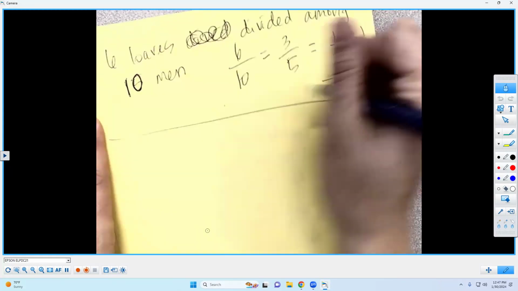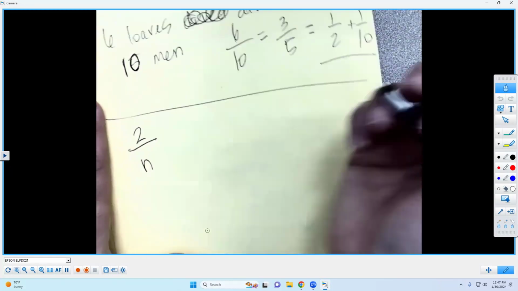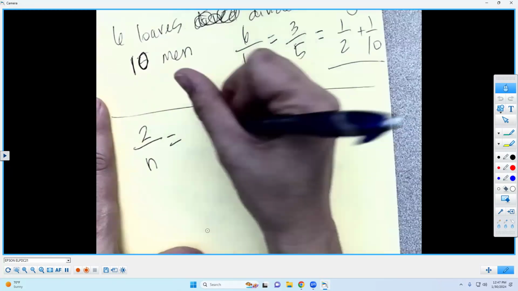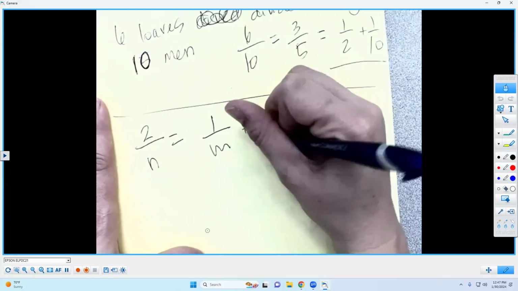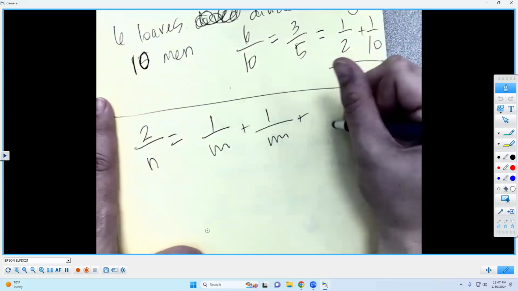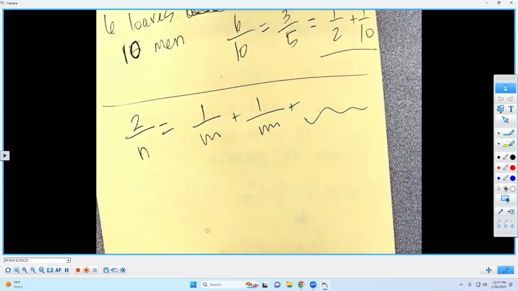Okay, so if I wanted to take some fraction, 2 divided by some number, and rewrite it as 1 over something plus 1 over something, and maybe I needed a couple more of those. Okay, so rewrite it as a sum of unit fractions.